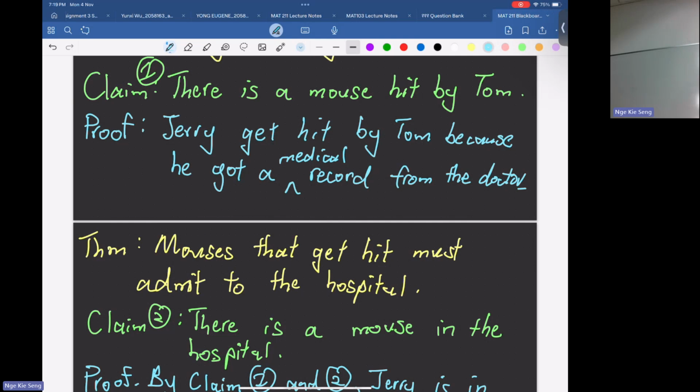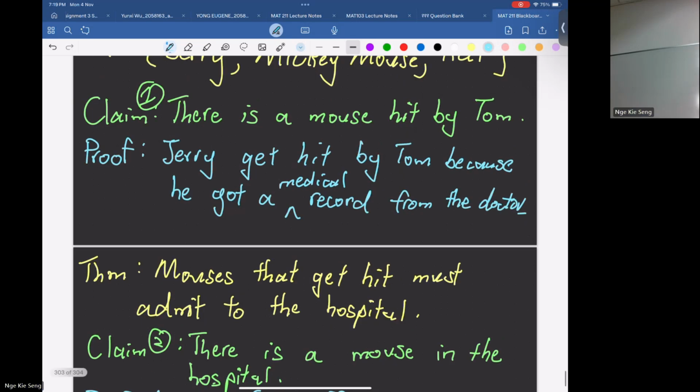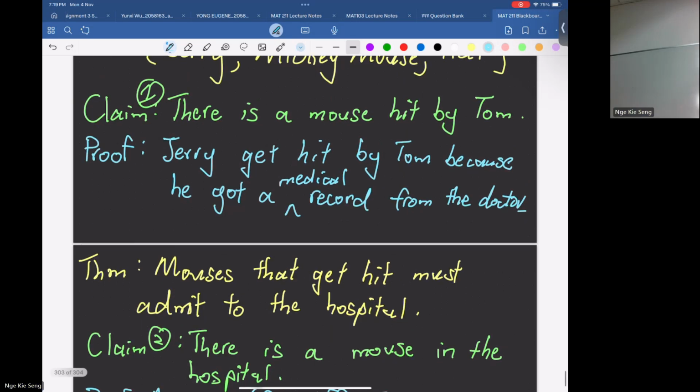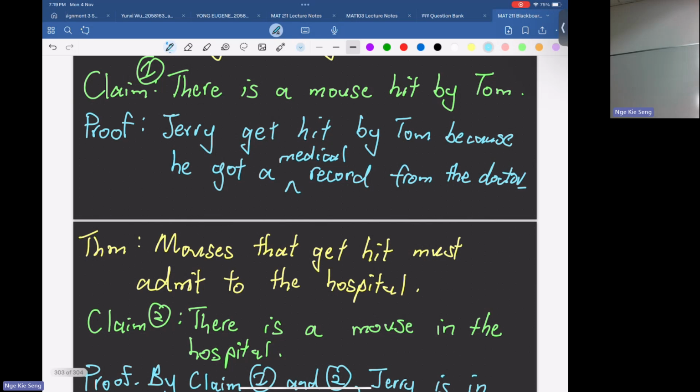Mouse 也在 hospital 里面，他们成为病友，有可能吗？如果他受伤，他就要去。OK，maybe Mickey Mouse also got hit as well.